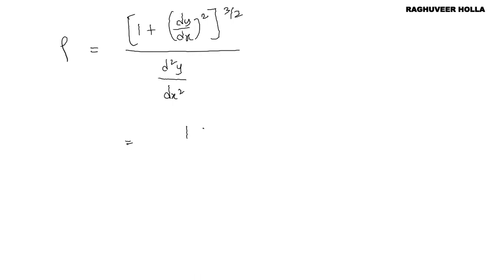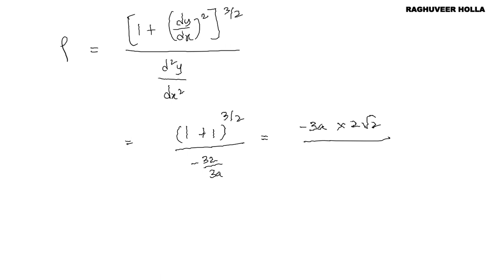So this is 1 plus 1 to the power of 3 by 2, divided by minus 32 by 3a. And this will be minus 3a multiplied by 2 root 2, divided by 32, right?